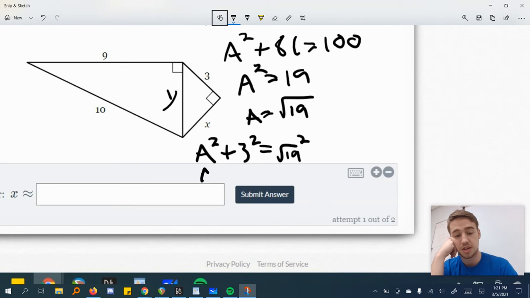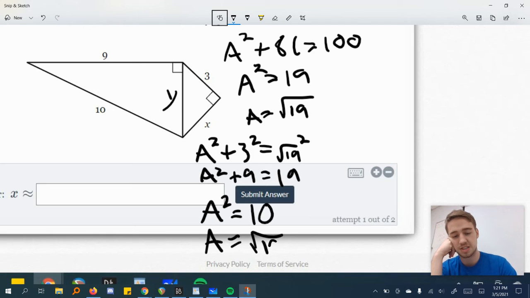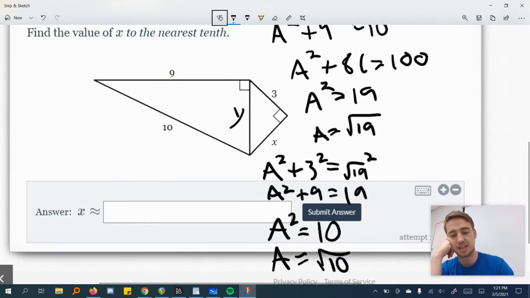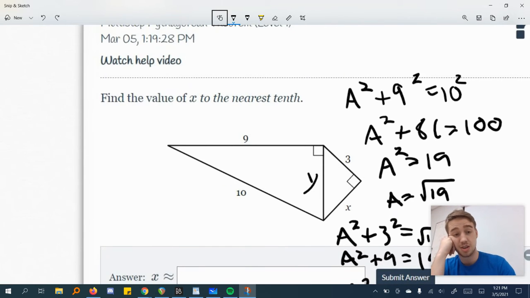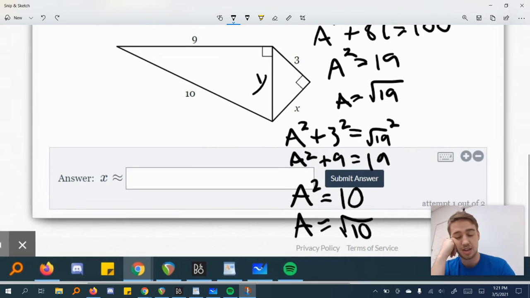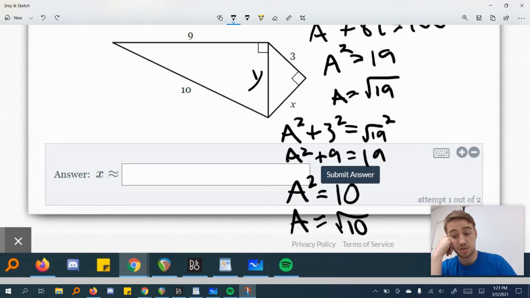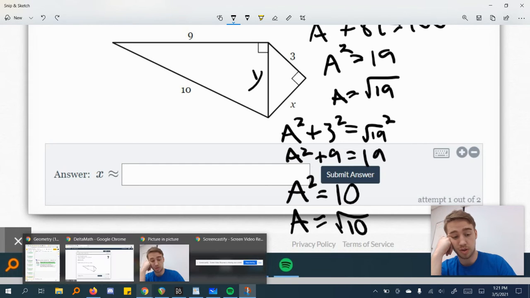So a squared plus 9 is 19, a squared is 10, a equals radical 10. Or I guess that'd be x. But whatever variable we use, we get radical 10, and that should round to 3.2.